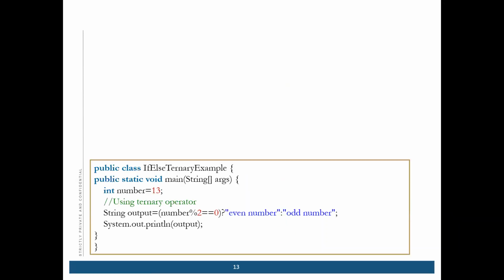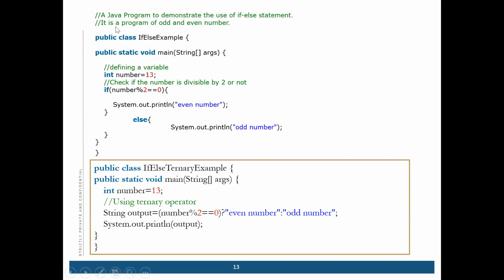Clear? We'll have one example also here. Suppose there is a program for even and odd numbers. Does anyone know what number percent 2 equal to 0 means?